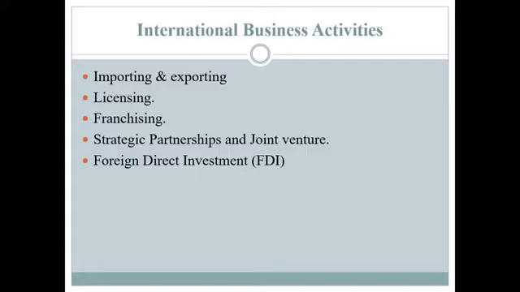Or the second option, importing. If some of the goods, technologies, or essentials are not easily found in our country, we can switch over to importing. Importing means bringing something inside our country's boundary.